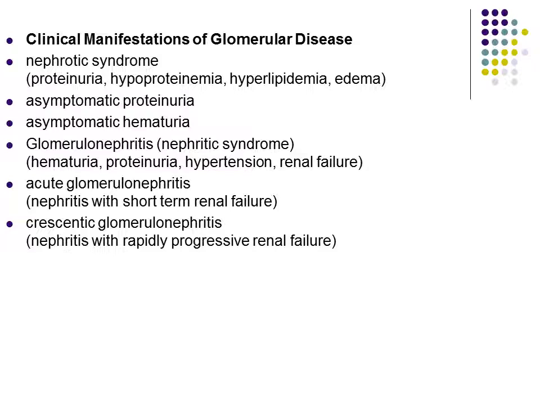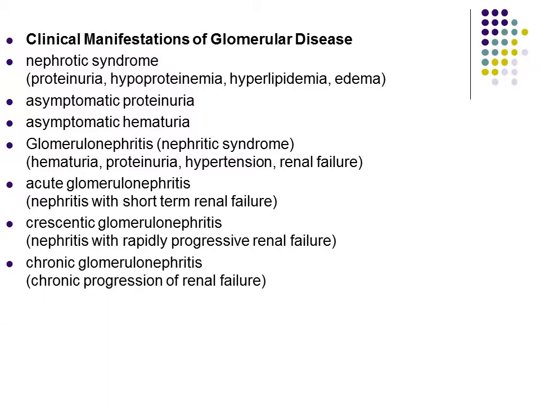Because of that, the lumen reduces in size and there is a decrease in glomerular filtration rate. So that is the reason why you won't get excessive proteinuria in nephritic syndrome, which happens with nephrotic syndrome. The renin-angiotensin system activates and the person gets hypertension in nephritic syndrome, and eventually there is renal failure. Acute glomerular nephritis is a short-term renal failure.